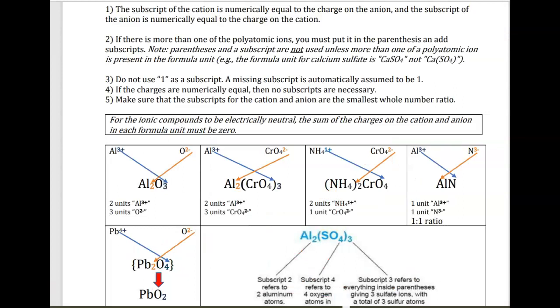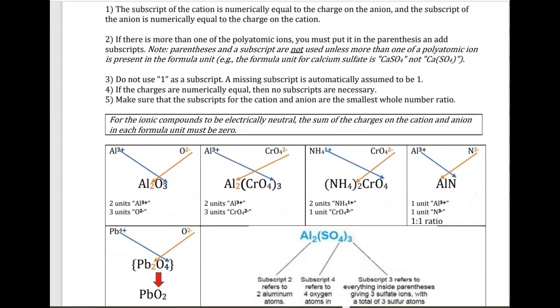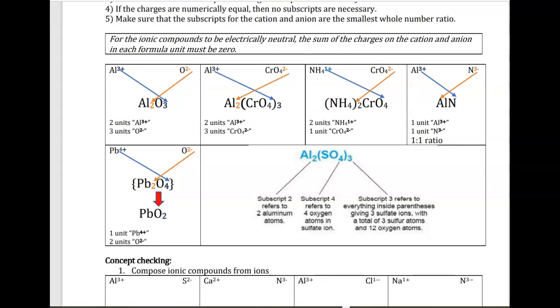The next one. So how to make formulas of ionic compounds. To make formulas of ionic compounds, you need to know the charges of each ion. And just remember that an ionic compound by itself is neutral.